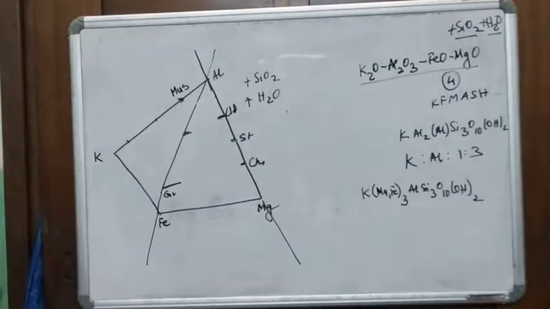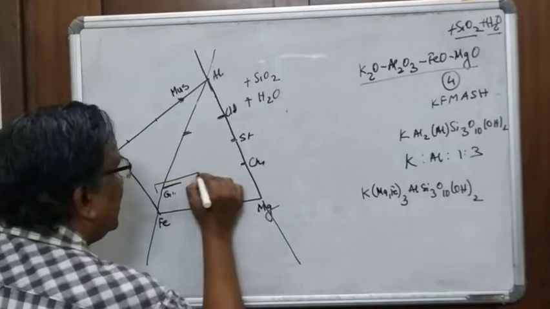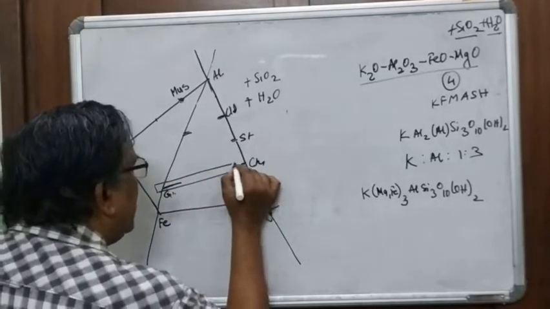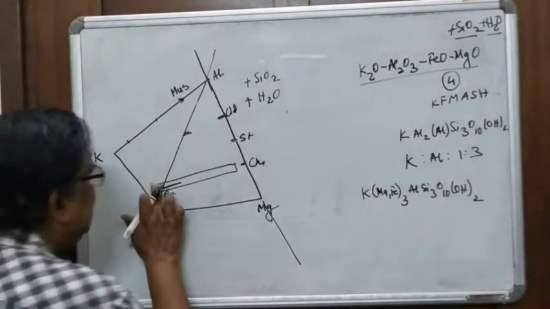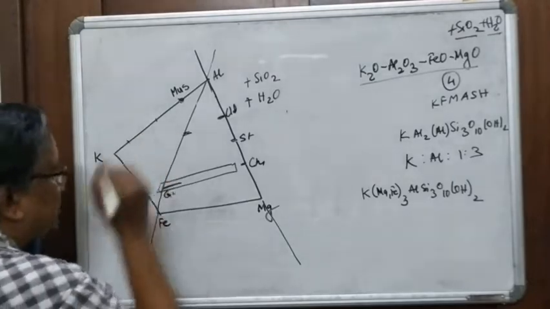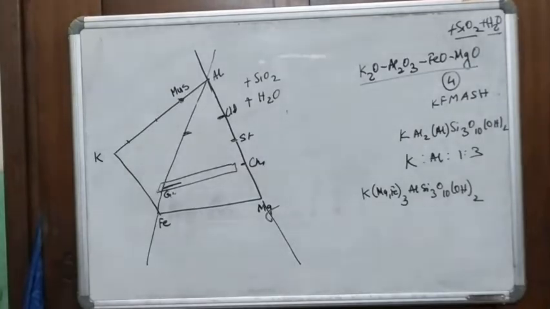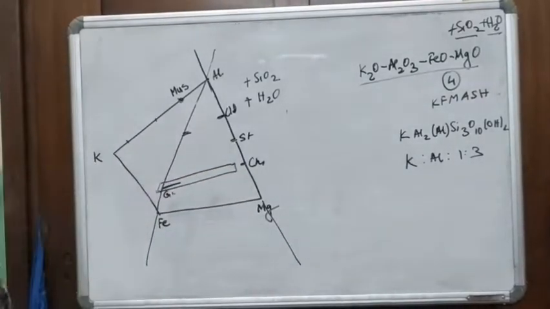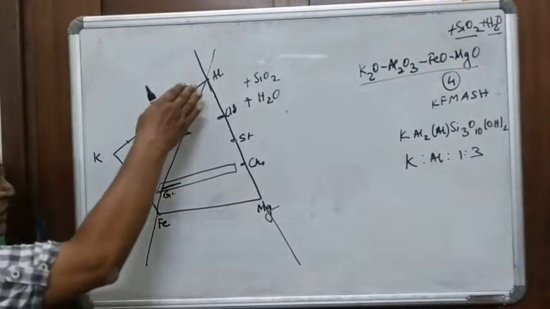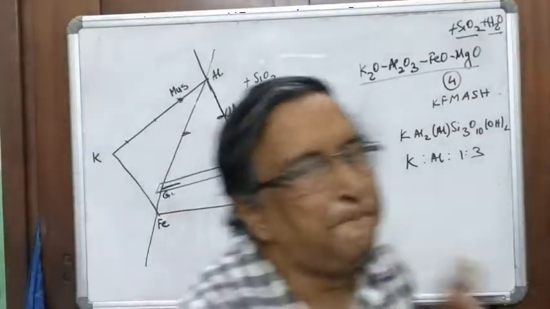But biotite plots inside the plane. Have you understood? It's inside the plane. So your muscovite is off, and therefore you have to plot all your elements. All the minerals are on the AFM plane except biotite.